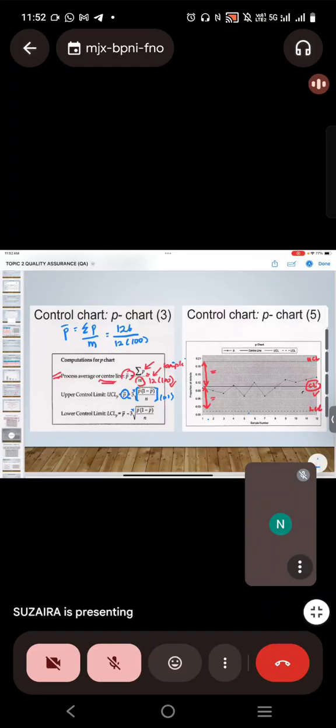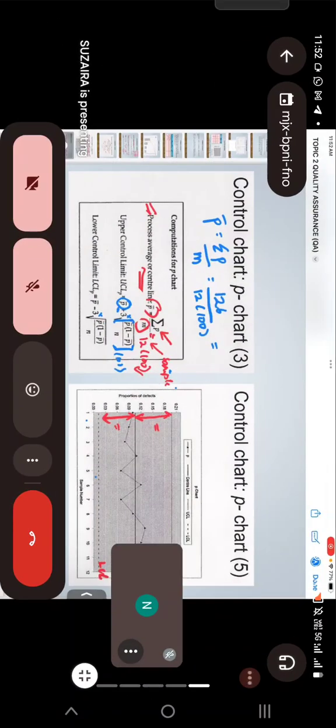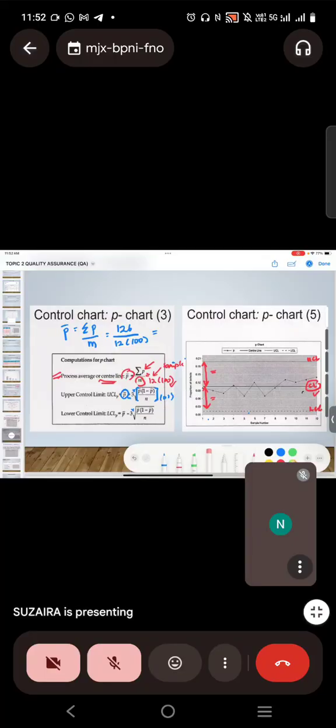So how many do you get? 126 divided by 1200 is 0.105.